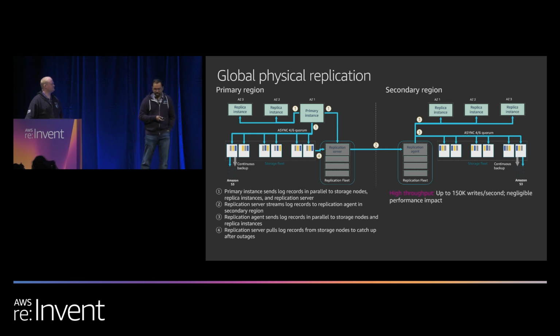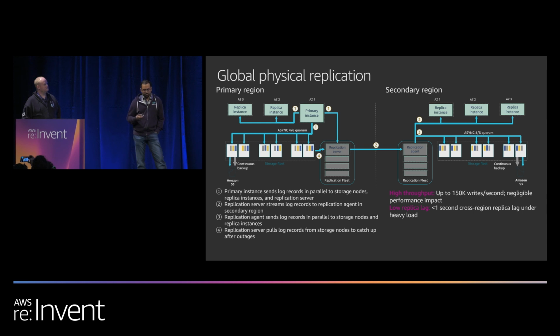So with this, what we are able to achieve is high throughput. As I mentioned, the replication itself doesn't have a lot of overhead. It just behaves like a read replica. And we are able to sustain high throughput there. So in this particular example, 150,000 writes per second. Here, the writes are SQL statements per second, with negligible performance impact.